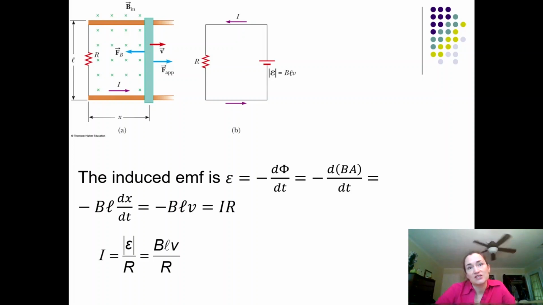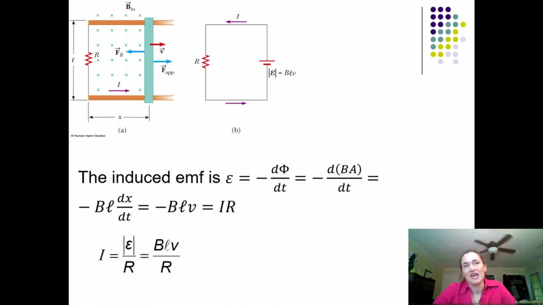But the area is changing with time. L doesn't change. It's a constant. The length of our bar stays the same. But because our bar is moving to the right, our position x does change. So when we take this derivative, negative d phi dt, we end up with negative BL dx dt. Now, dx dt is just our velocity, v. So we can say that our induced EMF is minus BLV.